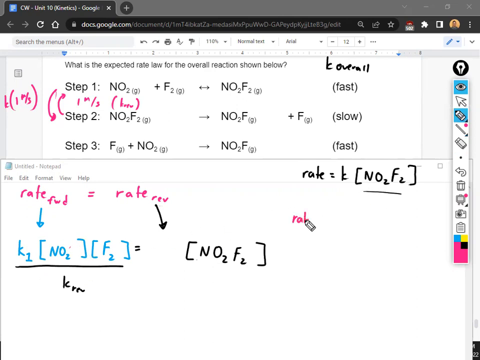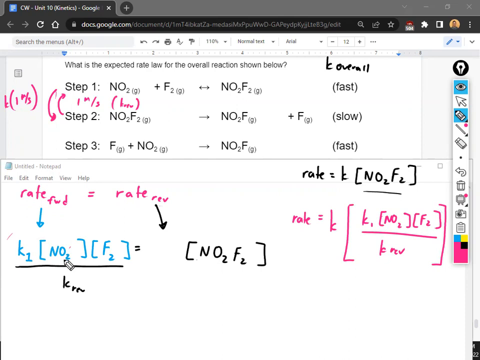rate law. So the rate law for the overall reaction is K times all this stuff right here. It's gonna be K1 NO2 F2 divided by the reverse K. All we're doing is taking this right here and replacing NO2 F2 with what we isolated.